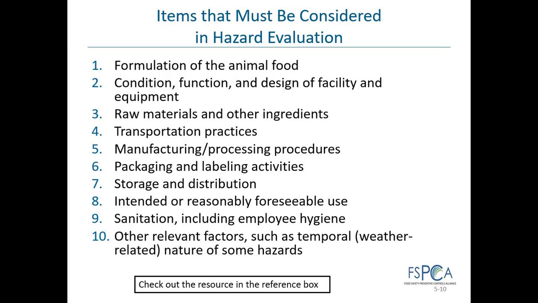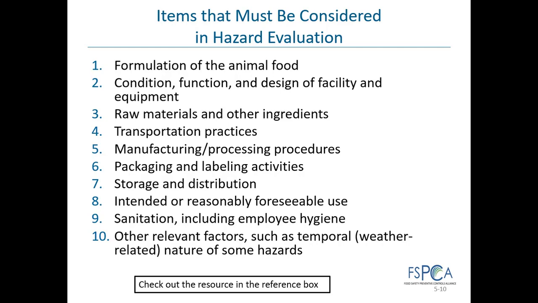I will say that the regulation doesn't say you have to write down that you thought about all of these. It's just meant to be a list of things to help you think about to identify your known or reasonably foreseeable hazards. Currently, there is not a single list of known or reasonably foreseeable hazards for different species or different feeds. We talked about a lot of them in chapter 3, and you're probably already aware of a lot of them.